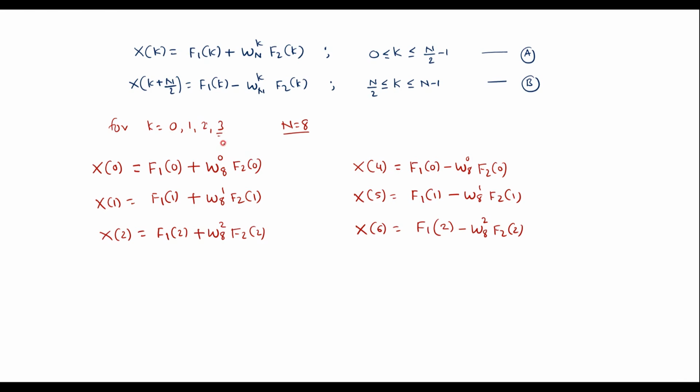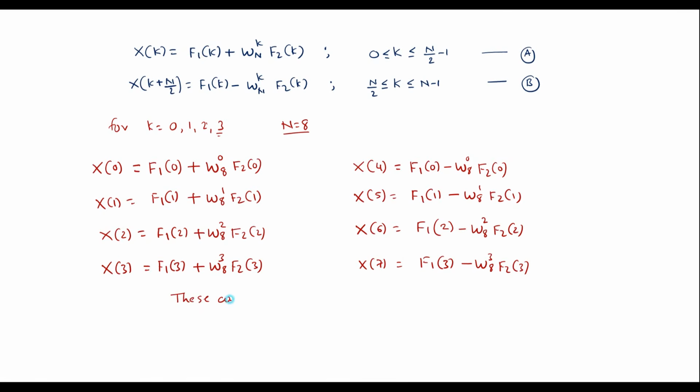For k equal to 3, we have x of 3 is equal to f1 of 3 plus w8 power 3 f2 of 3. Substituting k equal to 3 in this equation, it gives x of 7 is equal to f1 of 3 minus w8 power 3 f2 of 3.